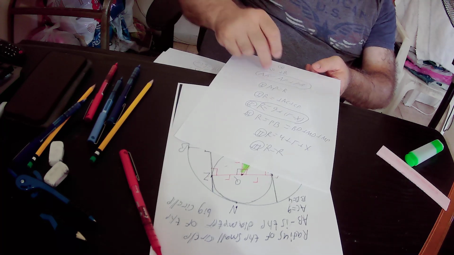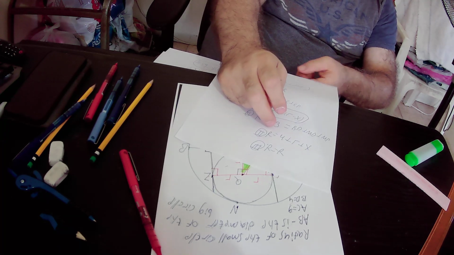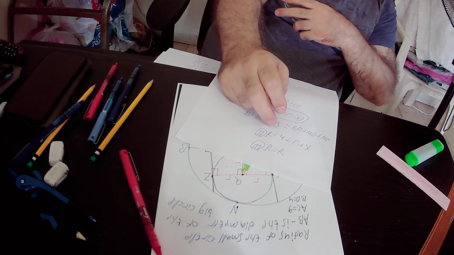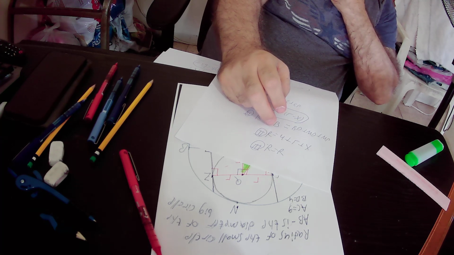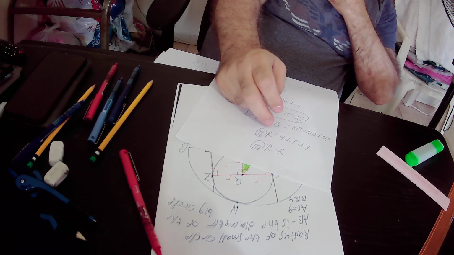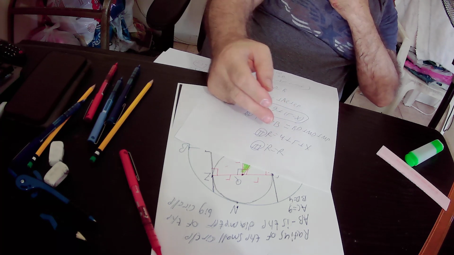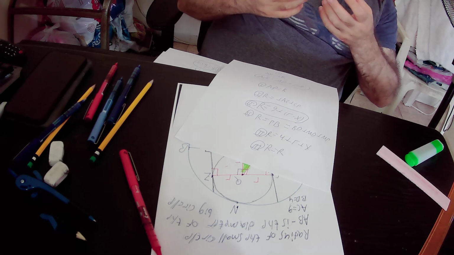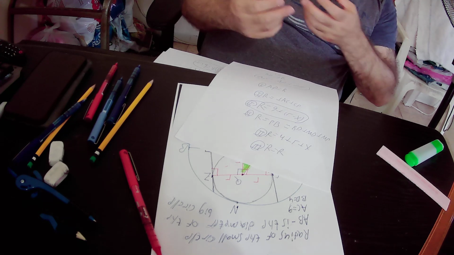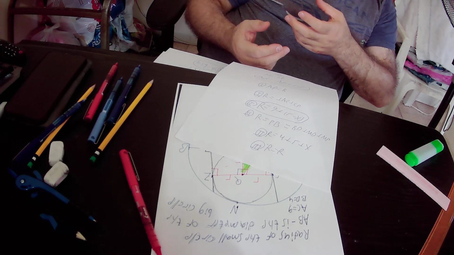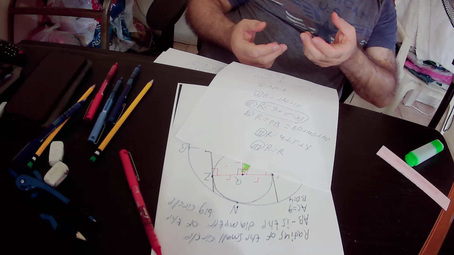So the radius of the big circle, when we calculated it on the other side of the circle, equals 4 plus R plus X. We calculated the radius of the big circle in 2 different ways, and of course they are equal to each other.